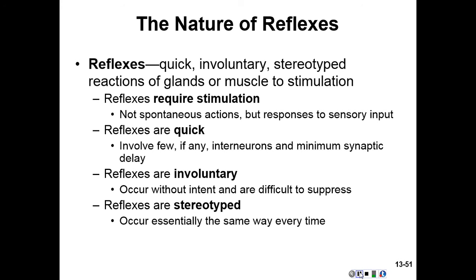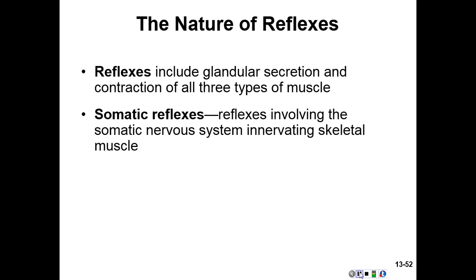The interneurons and a synaptic delay occur. A lot of times if you stub your toe in the middle of the night, there's a millisecond between when you know you did it and when the pain comes. Reflexes are involuntary, and your body responds either by contracting itself or picking itself up off that harmful object.